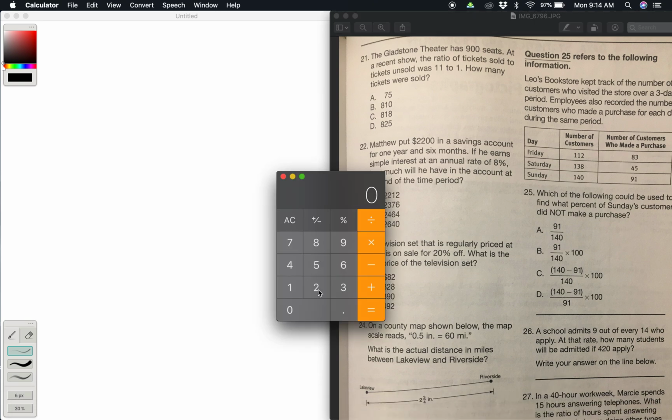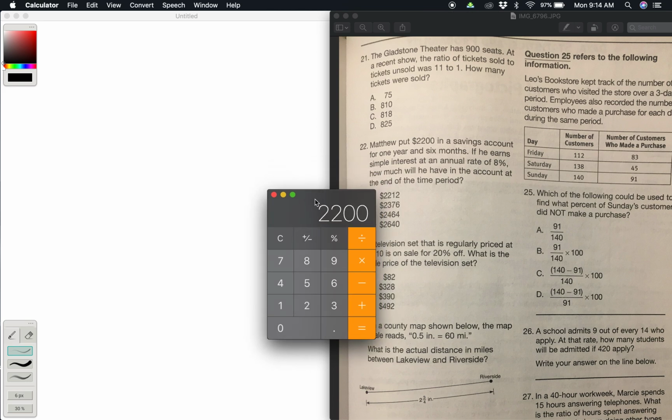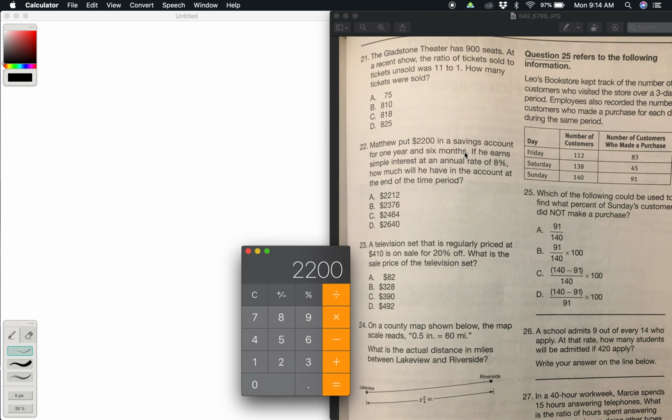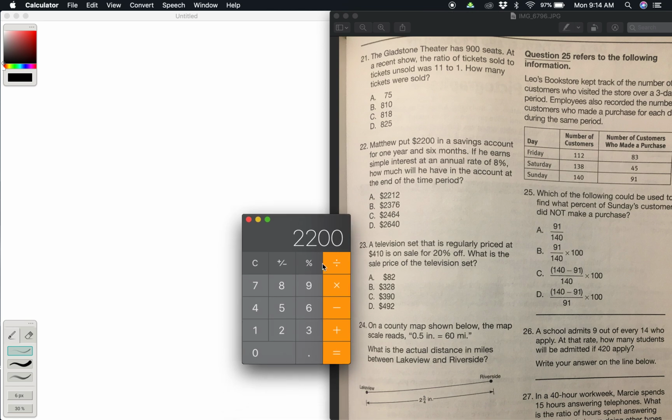The principal is 2,200. That's how much he begins with. He has it in the savings account for 1 year and 6 months, so times 1.5, because that's 1 year and a half.